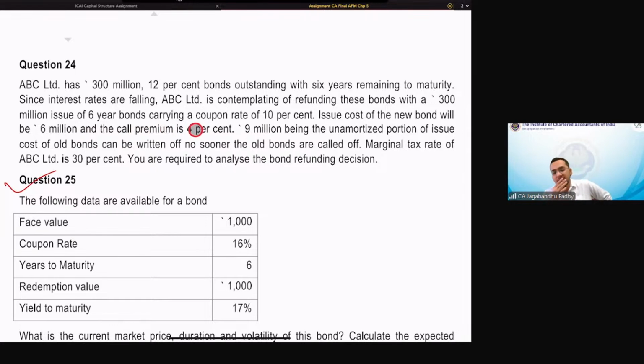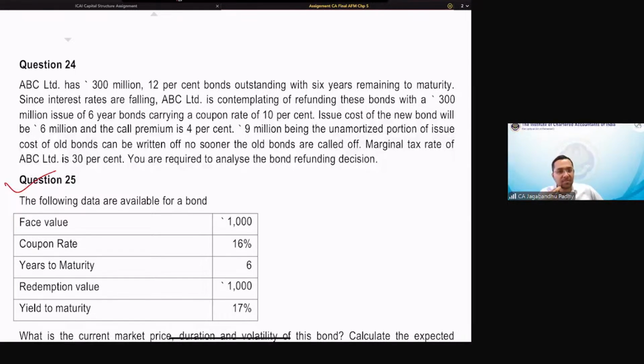Call premium means, if I want to buy the bonds from the investors, will the investors be ready to give? Because I have promised them that this bond will run for a certain number of years. The existing bonds have a maturity of 6 years. And all of a sudden, if we ask the investors that I want to retire the bond, I want to buy back the bonds from you, will they give it at par value or will they ask for some premium also?